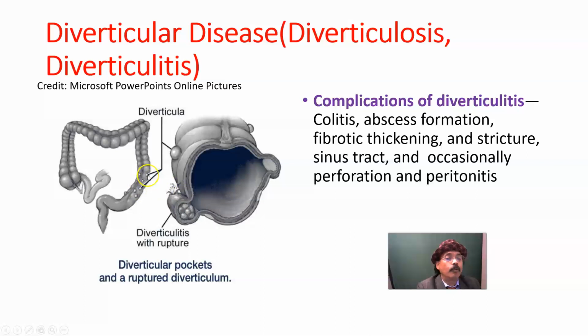We have multiple diverticula, and the sigmoid colon is the most common site for diverticulosis, but it may happen in any part of the GI tract. But the sigmoid colon is the most common site of diverticular disease.